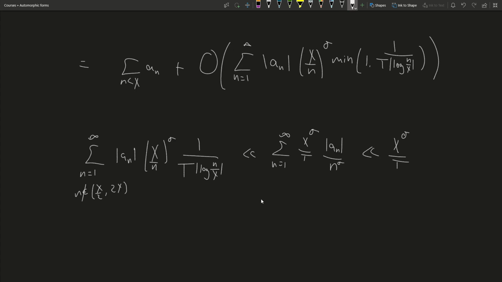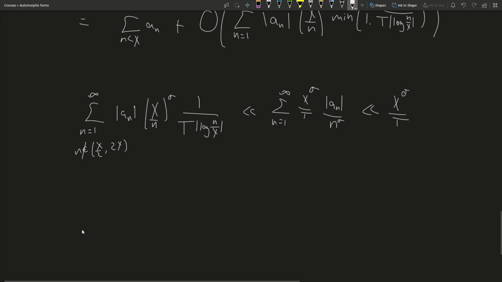The other part is a little bit trickier to deal with. So now we're going to look at the sum over n between x over 2 and 2x of the absolute value of a of n times x over n to the sigma, and then here we have a 1 over the min. Now we have to care about the min.